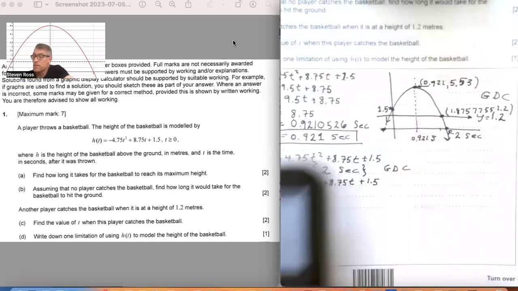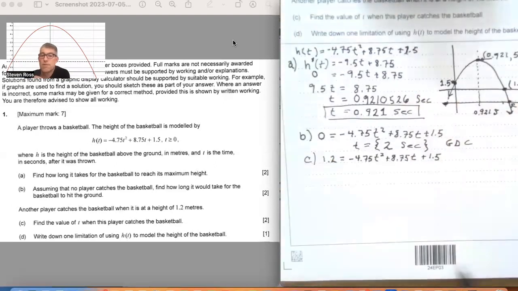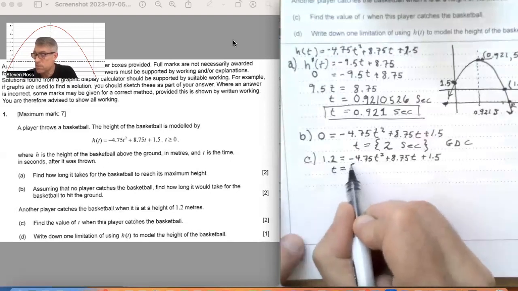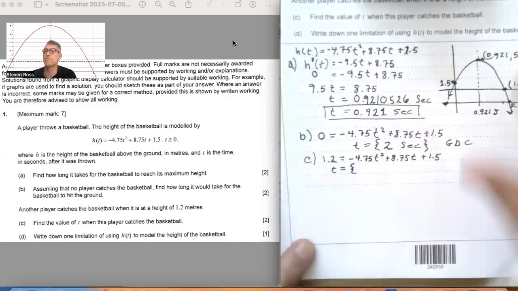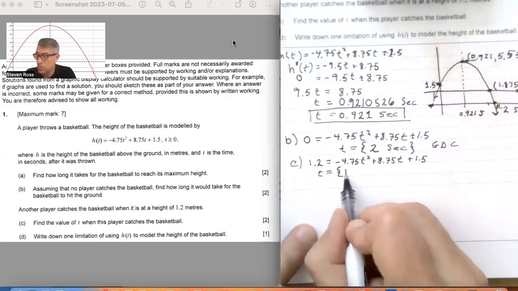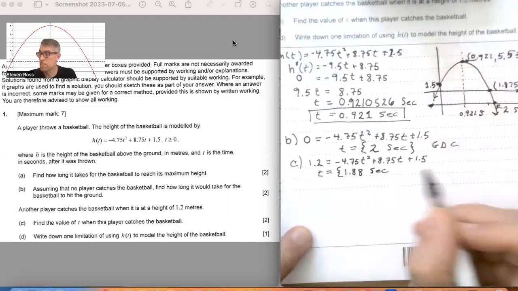All right, so now I'm going to rewrite that answer over here for C as t is equal to, let's go 3 significant figures, 1.88 seconds.